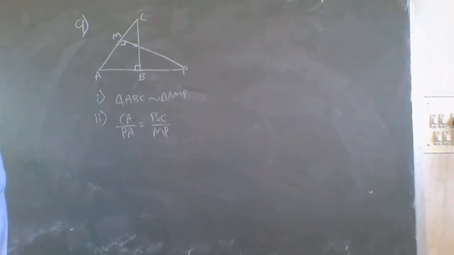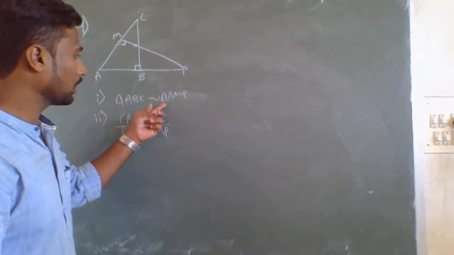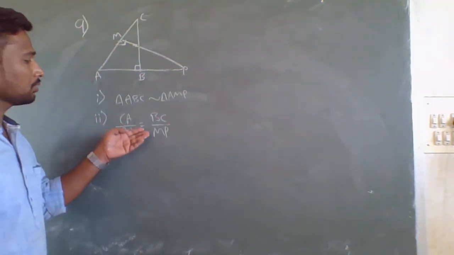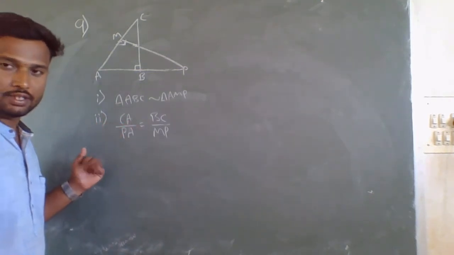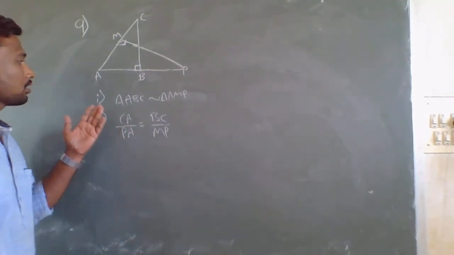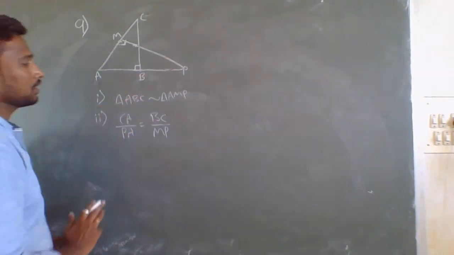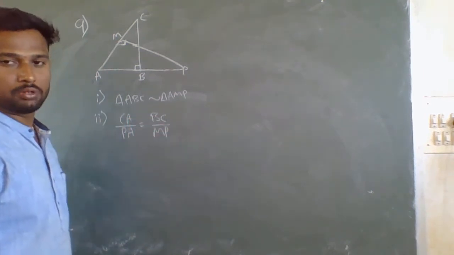If we prove that triangle ABC is similar to triangle AMP, then we can say that CA by PA is equal to BC by MP, because these sides will be corresponding sides of similar triangles. Therefore, first I will prove triangle ABC is similar to triangle AMP.